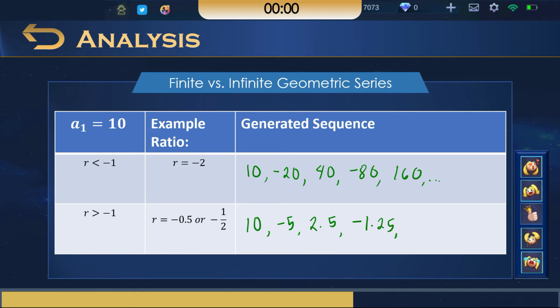And from negative 1.25 multiplied by negative 0.5, the answer is positive 0.625, and so on. So as you observe here, when the given ratio is negative, the generated sequence alternately increases and decreases in sign. As you can see, we have 10 becoming negative 20, then positive 40, then negative 80 again, and then positive 160. That is when our common ratio is negative.